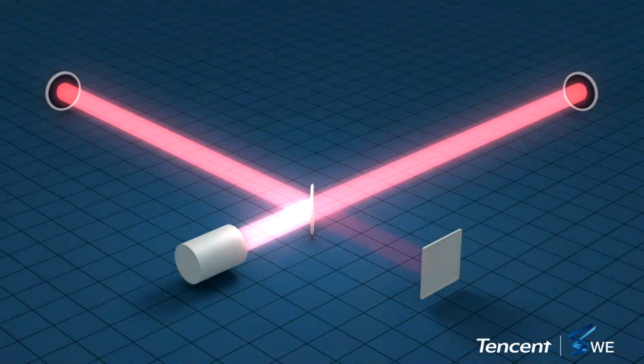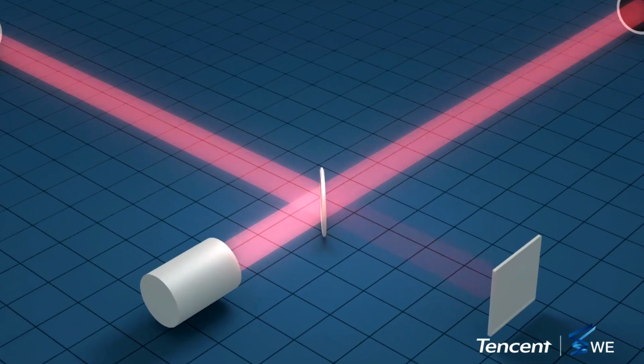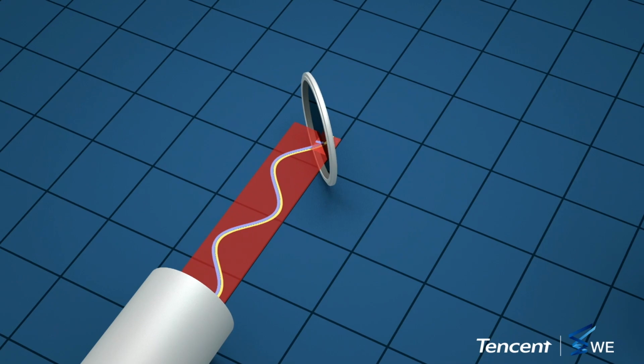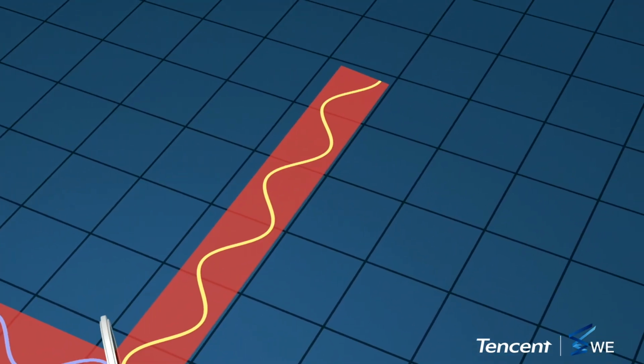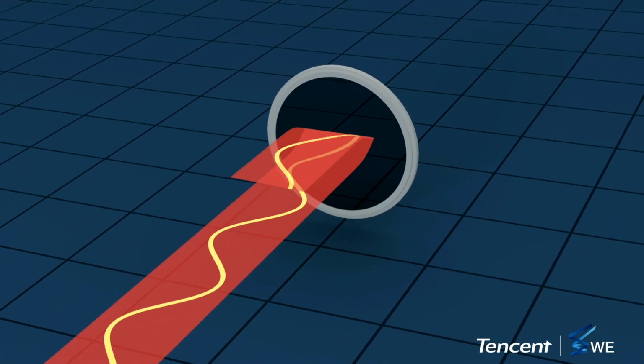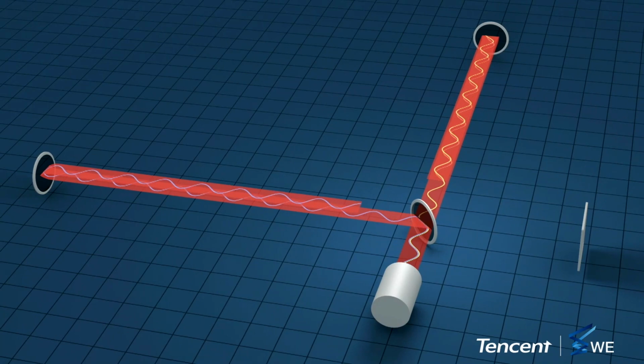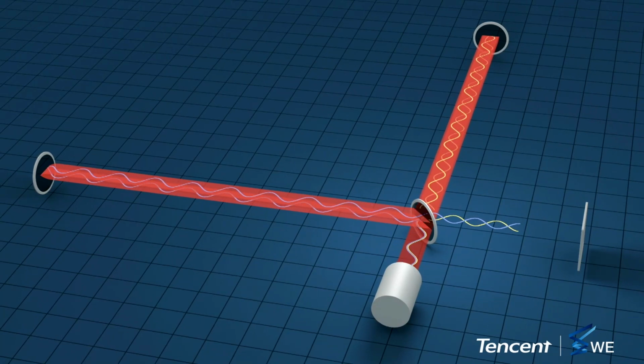LIGO uses a device known as an interferometer to measure the tiny displacements in space. In this simplified representation, a laser beam is sent towards a partially reflecting mirror and split along two paths. The beams travel along the 4-kilometer arms and reflect back towards the central mirror, which recombines them, directing their light to a detector.